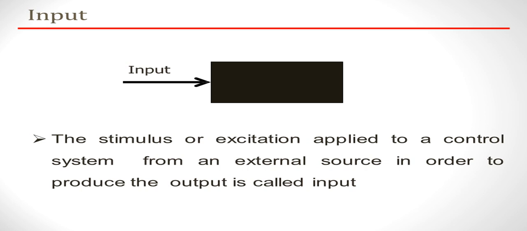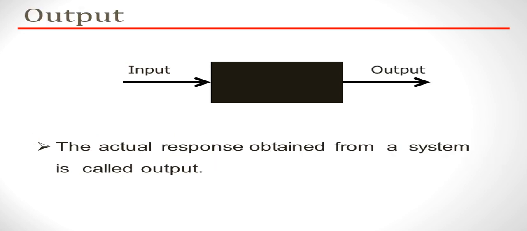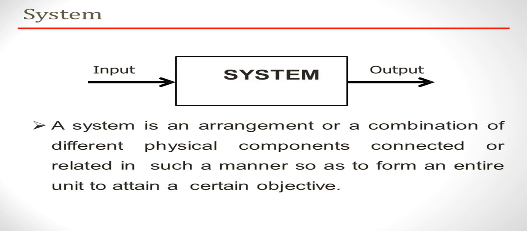Okay, so input is the signal, stimulus or excitation given to the system or control system. Then output, the actual response obtained from a system is called as output. Okay, so whenever we give the input, it is processed by the system and we get the output.